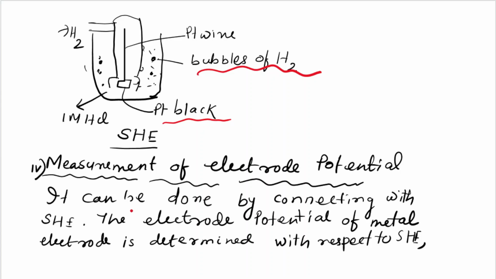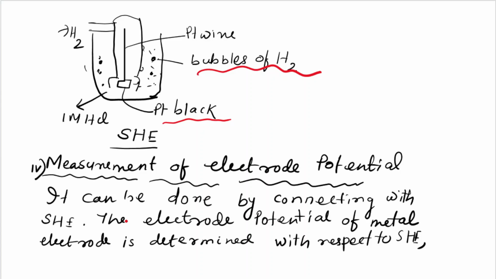Measurement of electrode potential. Suppose we want to measure the electrode potential of any electrode, then S.H.E. can be used as required, as cathode or anode. It can be done by connecting with S.H.E. The electrode potential of any cell should be connected with S.H.E. The electrode potential is determined with respect to S.H.E. I told you S.H.E. acts as a cathode, and acts as an anode when it is required.